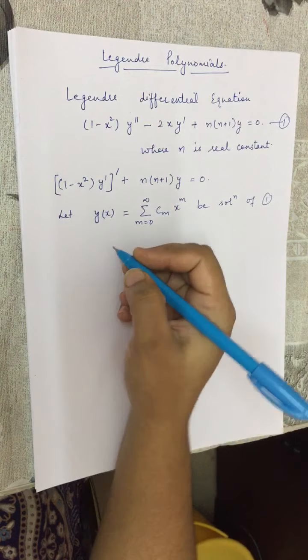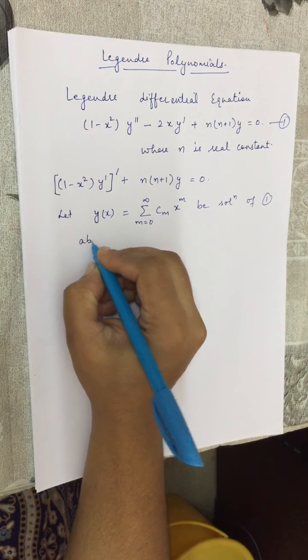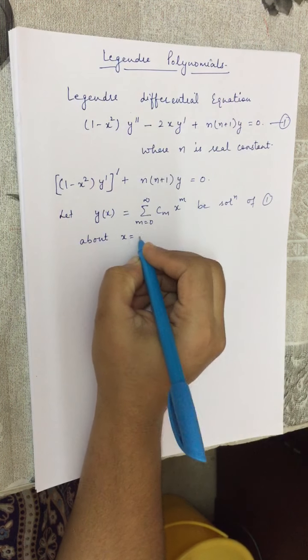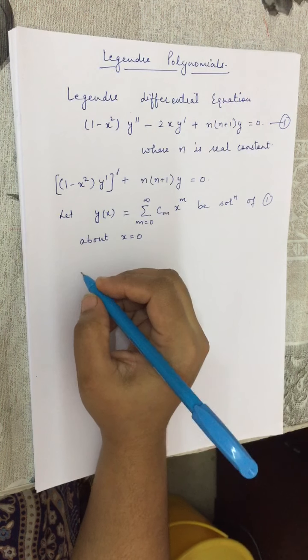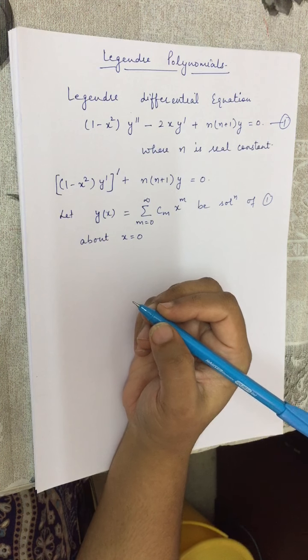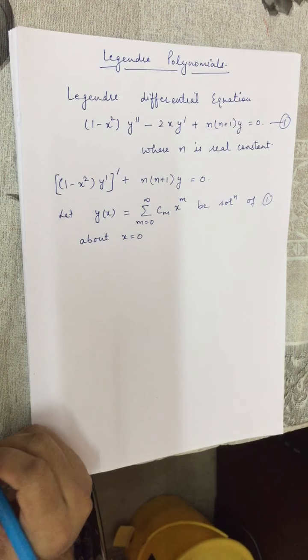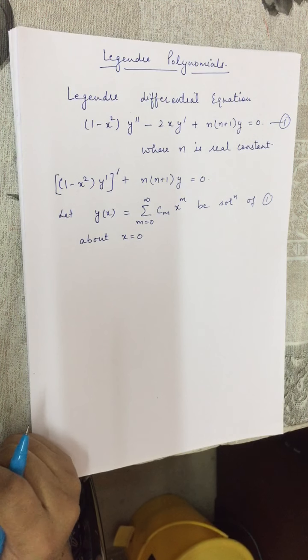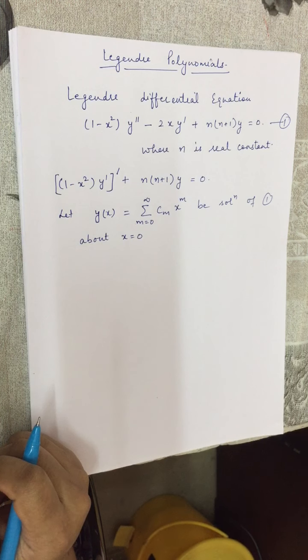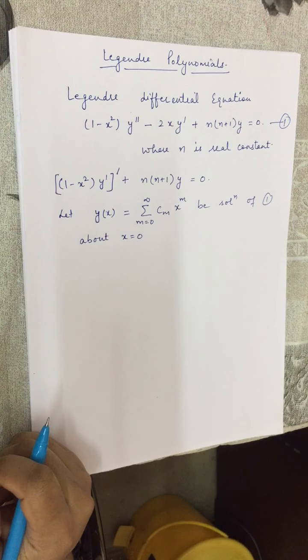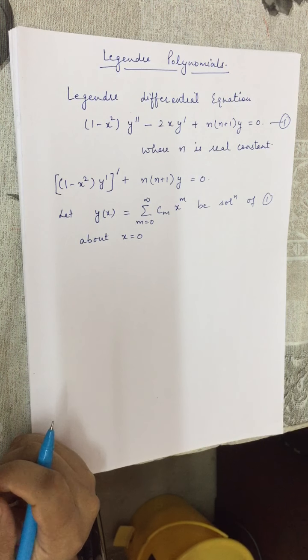This is the power series solution of equation 1. Then, because the singularities are at the points plus 1 and minus 1, this series will be convergent in the unit disk. That means this series will be convergent for all x where mod of x is less than 1.